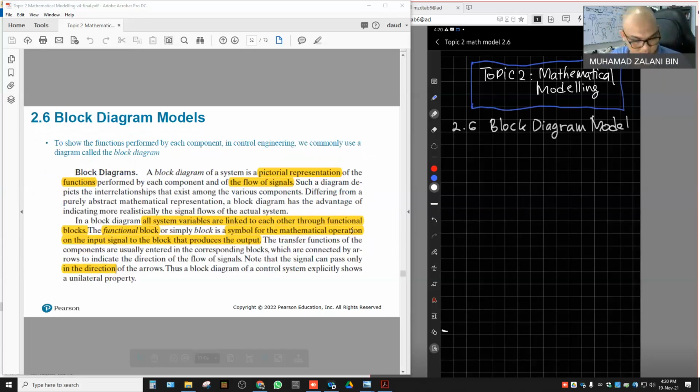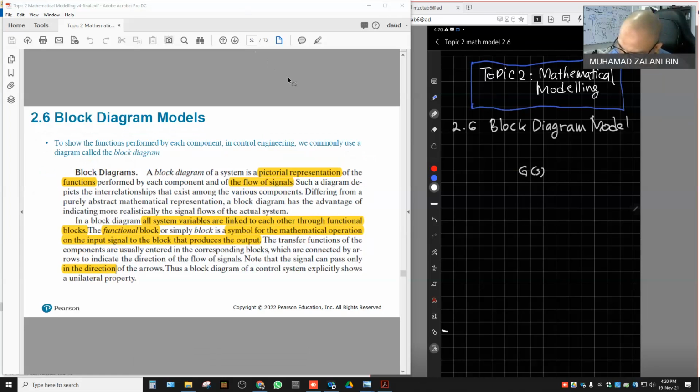So let me start by explaining how we represent the block diagram. Basically, we'll start with the function G(s).